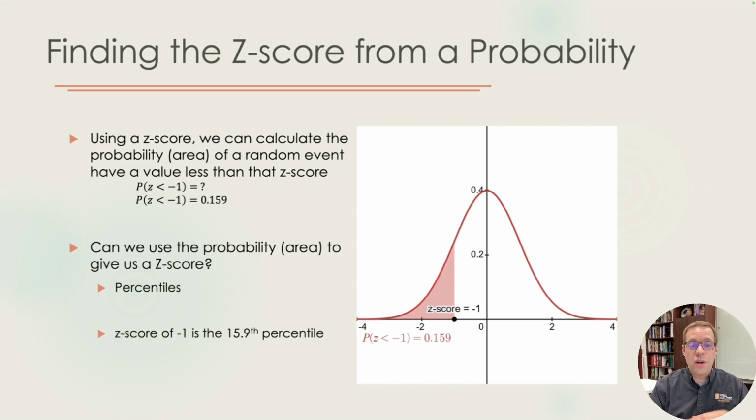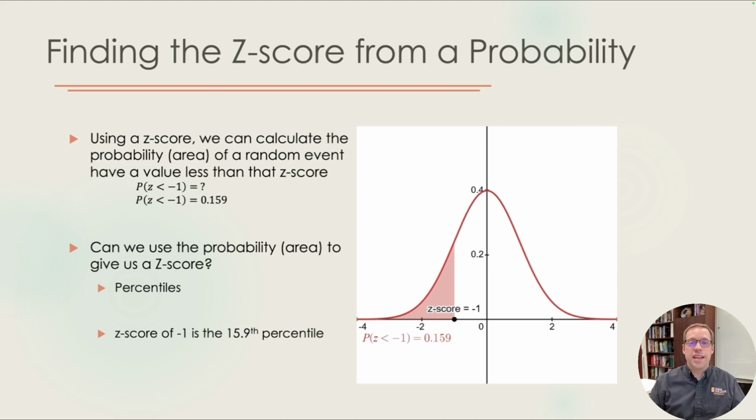So a z-score of -1 is what we call the 15.9th percentile, meaning that a value of -1 is above 15.9% of my data. Perhaps you've dealt with percentiles before. I know we talked about them back in lesson 6 when we talked about the 5-number summary and quartiles.